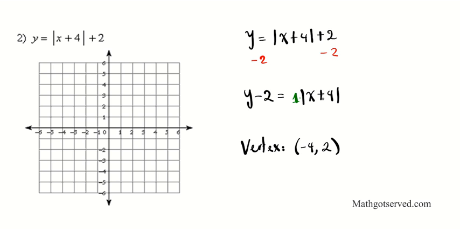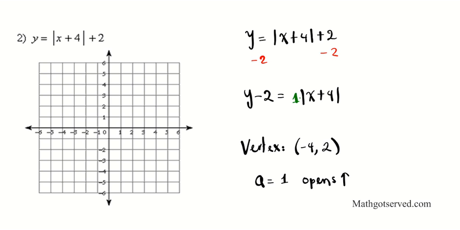How do I get that? You take the opposite of the number next to x, positive 4 is negative 4, and the opposite of the number next to y, negative 2, gives you positive 2. This absolute value function opens up because a is equal to positive 1. It's not going to be wider or narrower than your standard absolute value function.